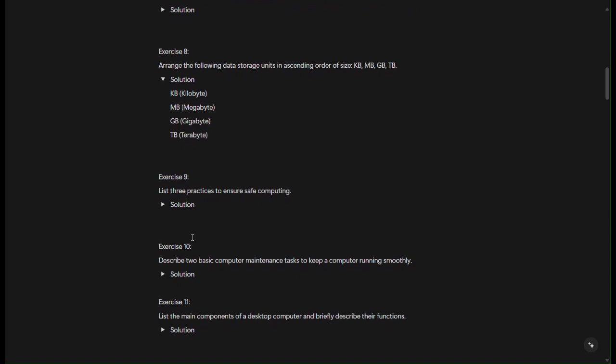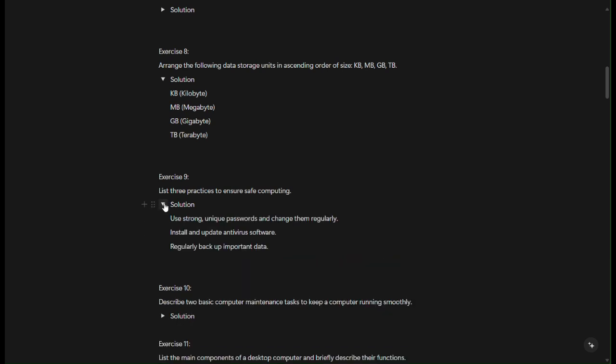Number 9, list 3 practices to ensure safe computing. Safe computing, we have use strong, unique passwords, and change the password, for example, each month, each week.